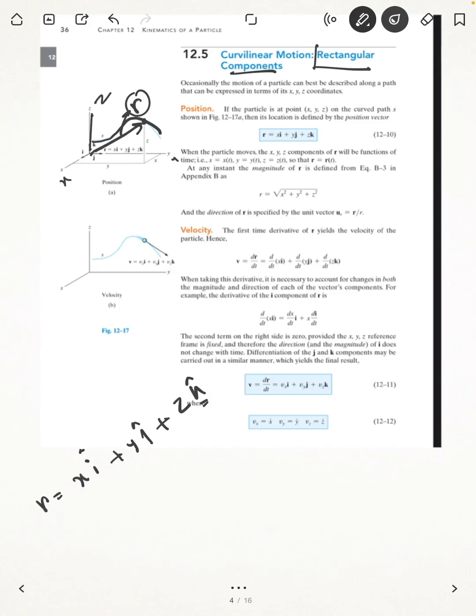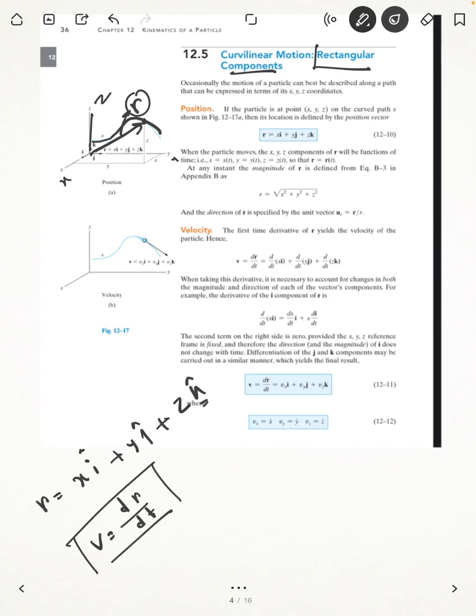That is how you define the position. So what should be the velocity? The velocity should be dr by dt, the instantaneous velocity, so you take the time derivative.